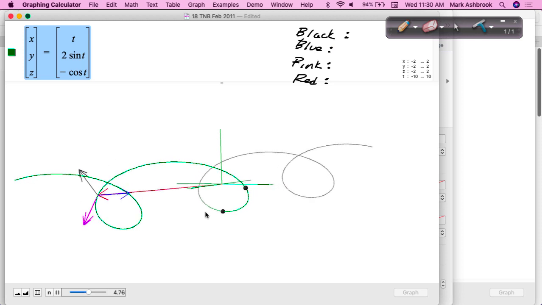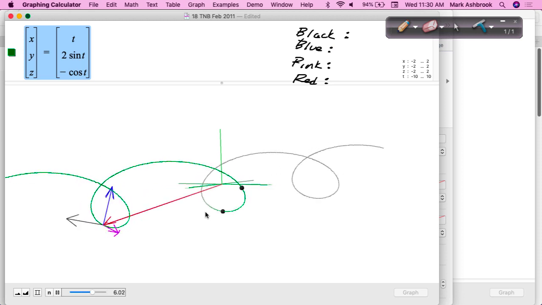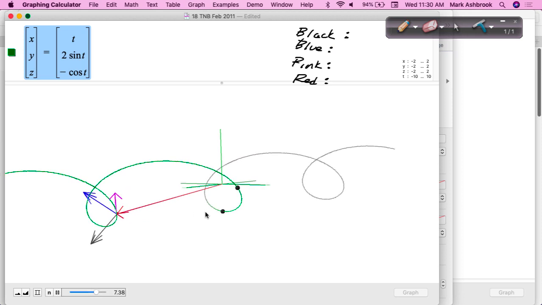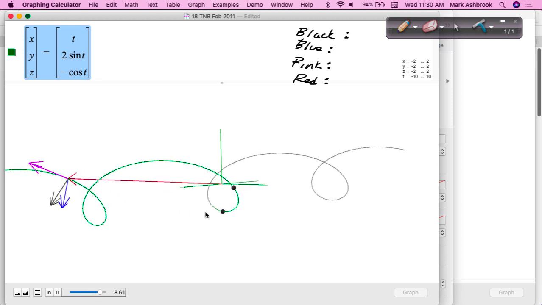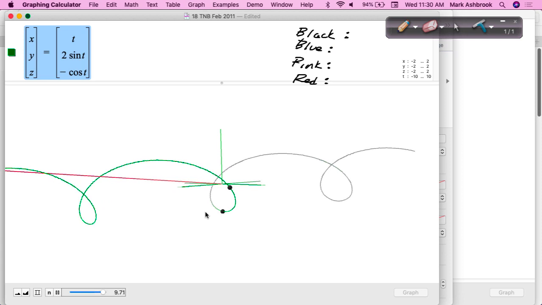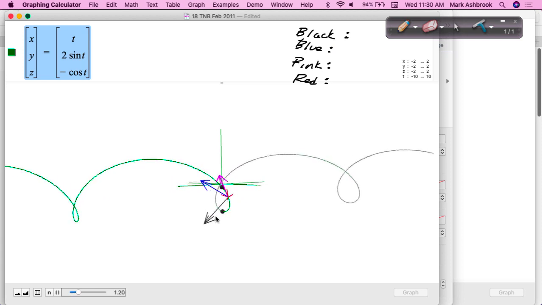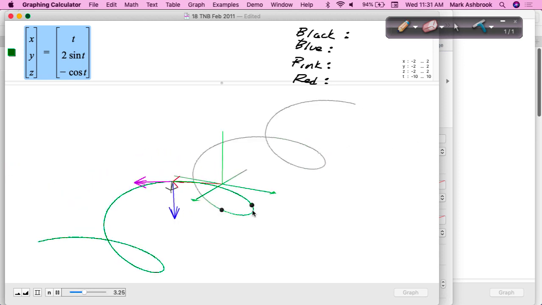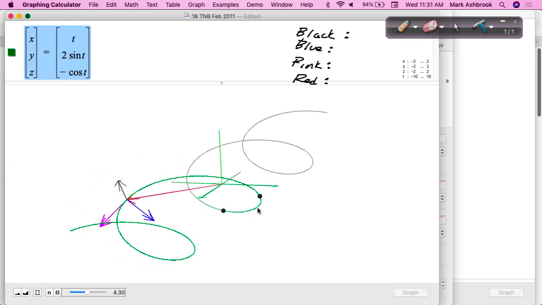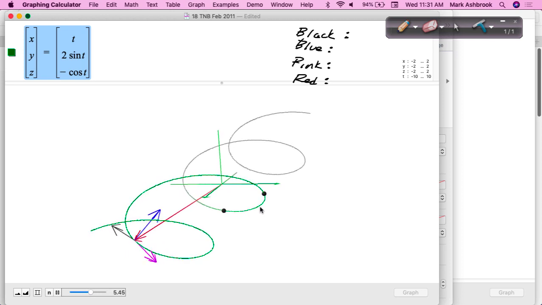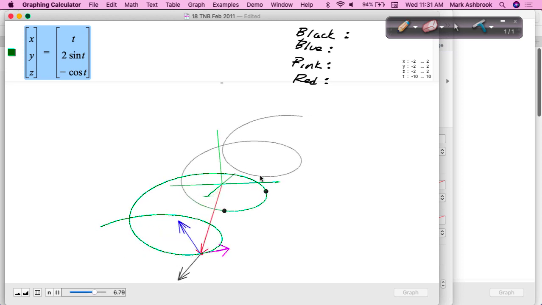Which vector function is the source vector function, the green curve? Which one is that? The actual curve, or the source vector function for all this, is the red one.